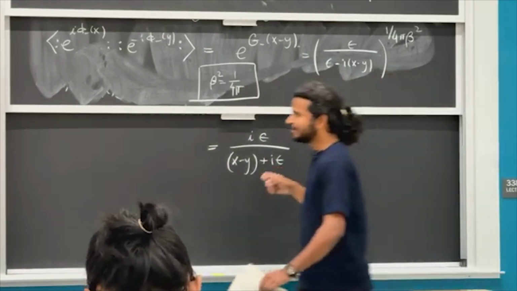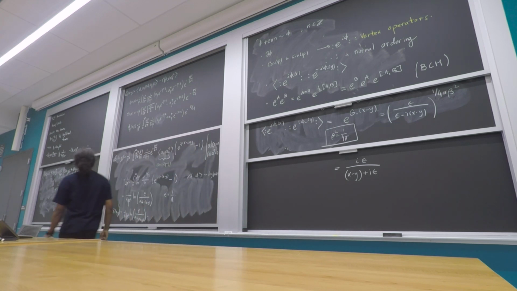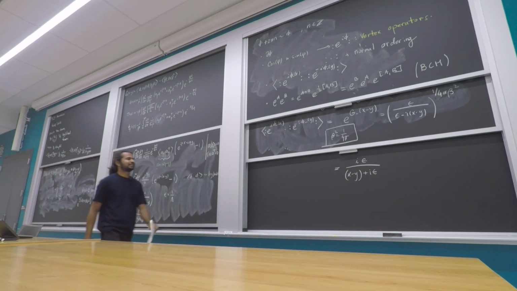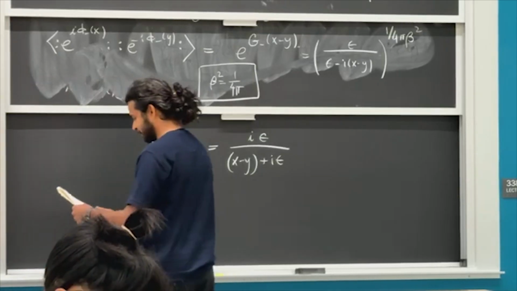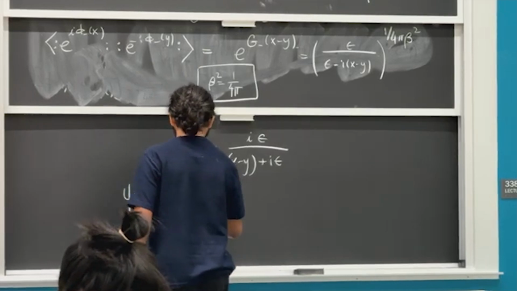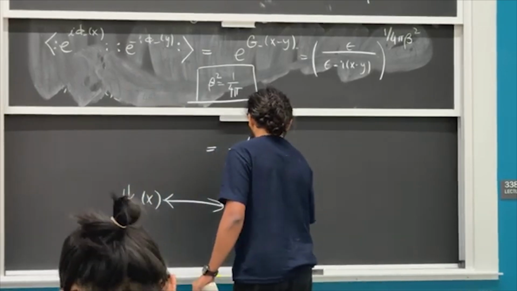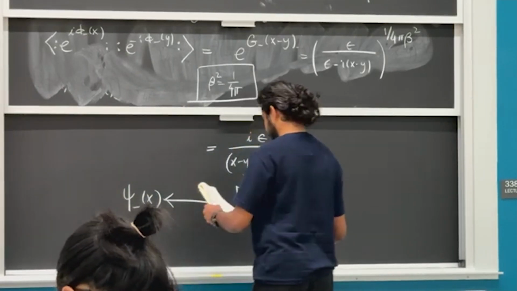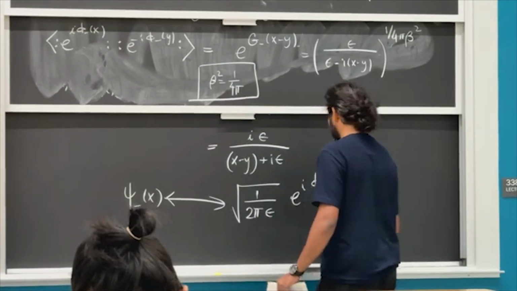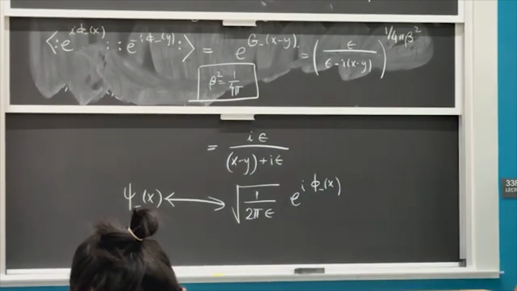Now let's look at this and that. If we make the following identification, the correlation functions match.